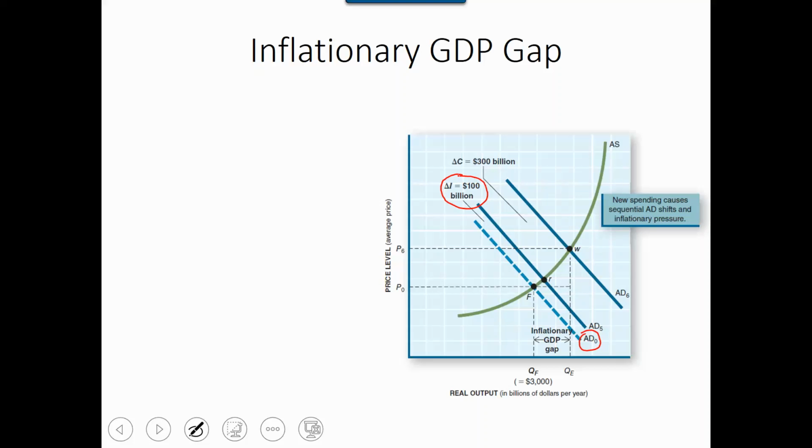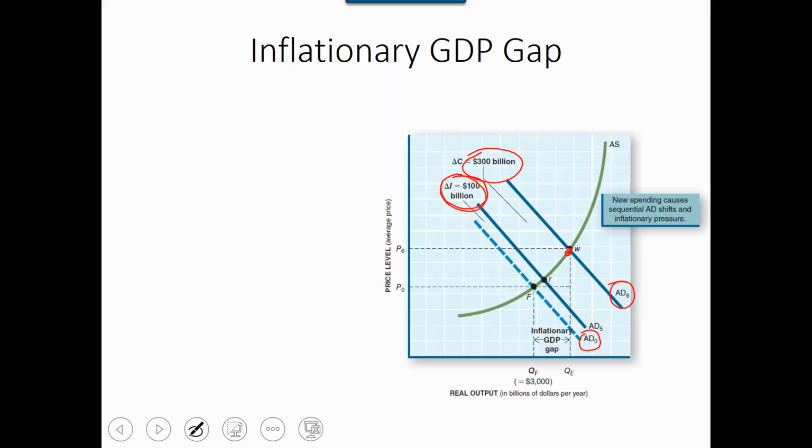As we know, the multiplier process: an increase of $100 billion in investment will cause total consumption to further increase by $300 billion. That's why we see the two shifts. The AD0 initially shifts to AD5 because of the change in investment, and eventually it will shift to the AD6 curve because of the multiplier process. Then the final landing is at the W point.